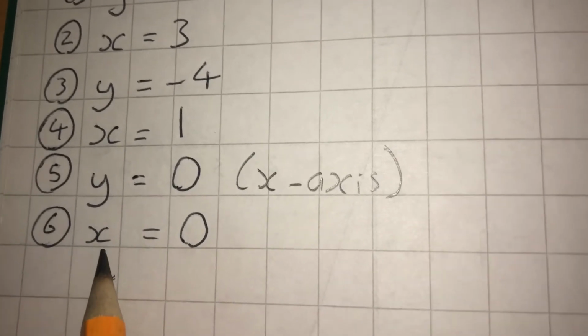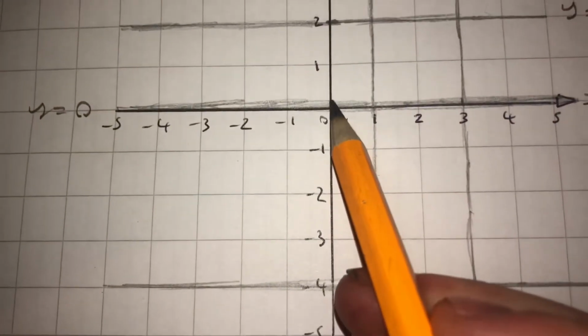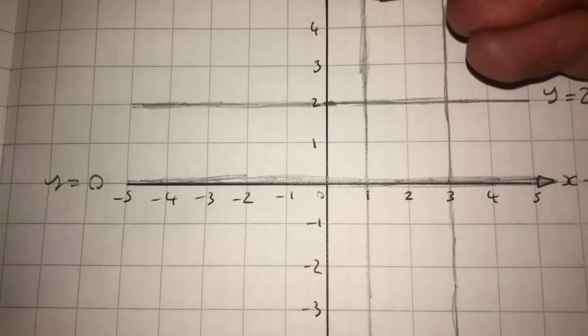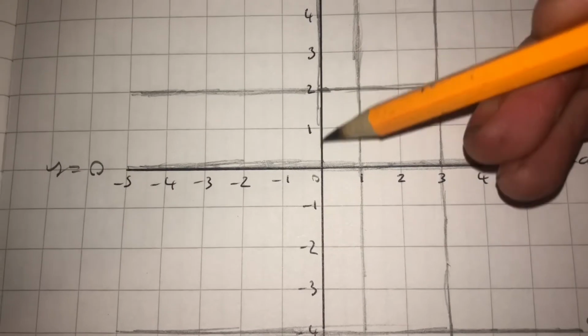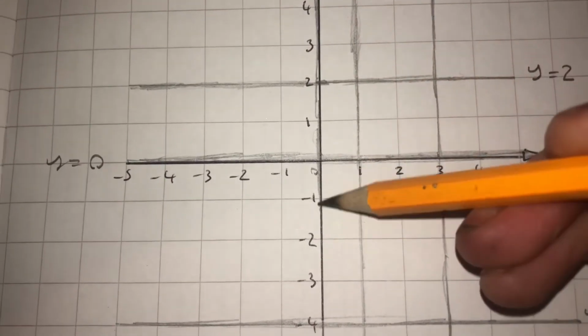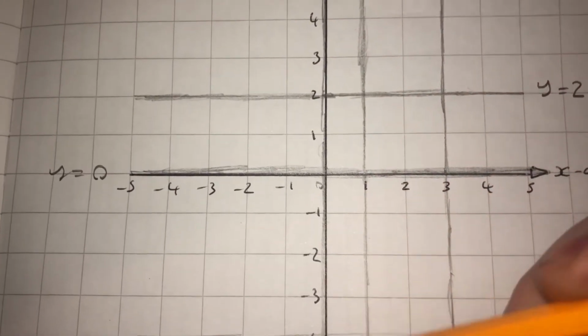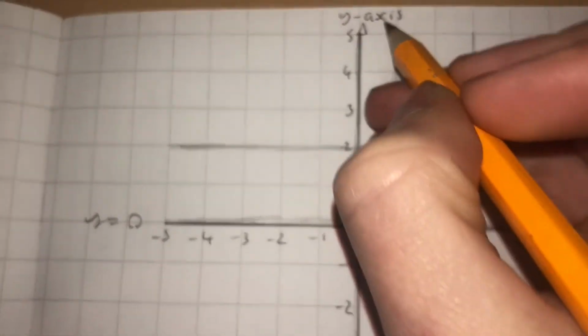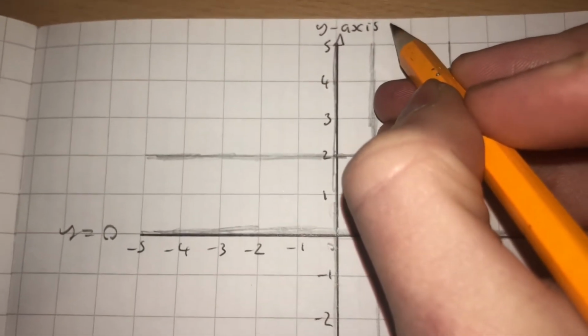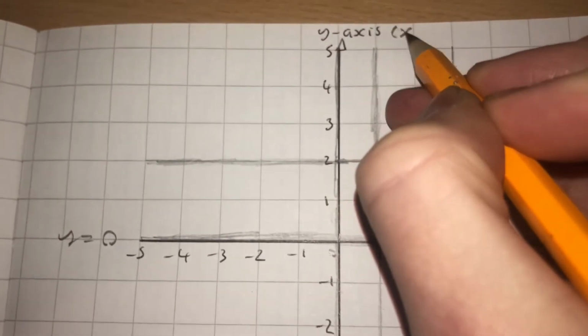And given that, the line x equals 0, so if I go to the x-axis and find 0 and draw a perpendicular line to that, the line x equals 0 is the y-axis. So it's just an added thing to keep in mind here, that x equals 0 is the y-axis.